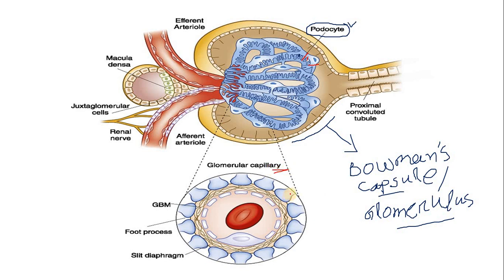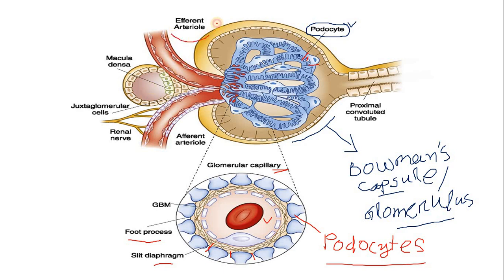Here, these are the podocyte cells. Here is a slit diaphragm. This forms the pores or slit pores. Simply I'm writing it, podocytes. And this is the blood meant for filtration, and this is renal nerve.